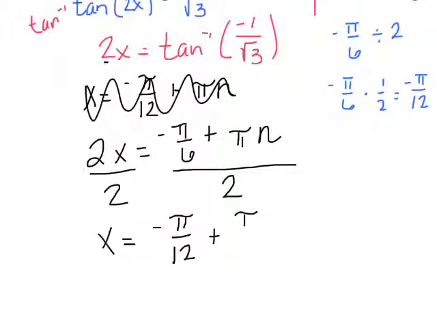And I'll go back and explain why those are correct in a minute after I finish this problem. But this is just going to be negative pi over 12, and then I'm going to end up doing plus pi over 2n. This is what is majorly different because when you divide both sides, that divides also. All right, so that's our general solution.